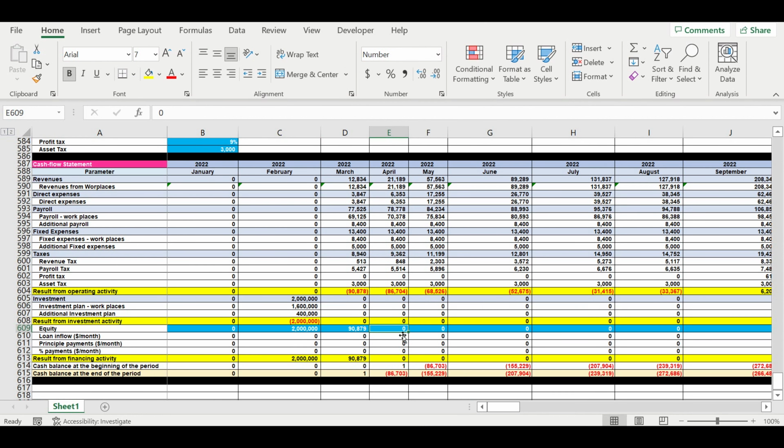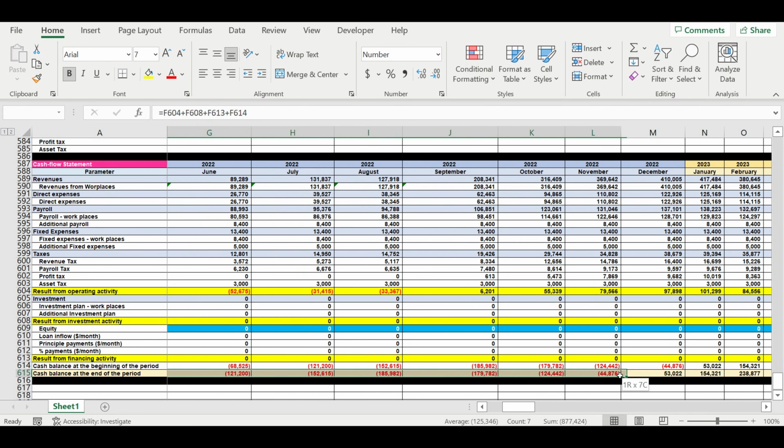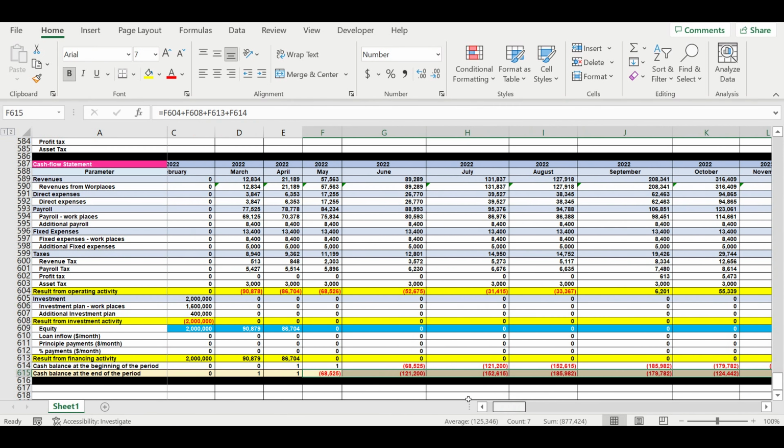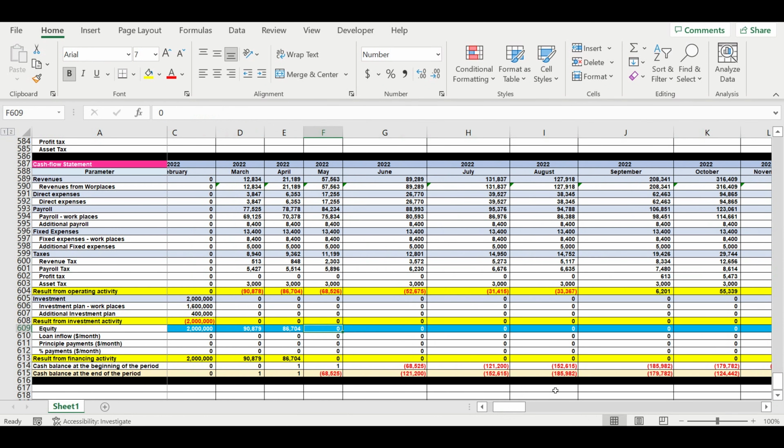In April we need this. And we are moving along the timeline, looking at this line and we can look forward and see, for example, here we have what is the maximum value in this line, so 179.